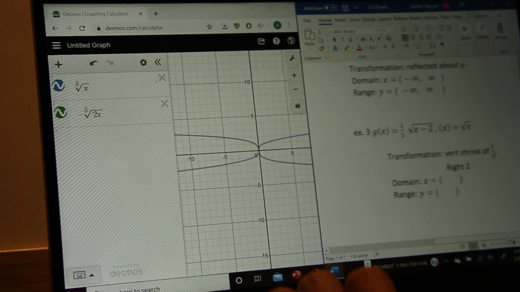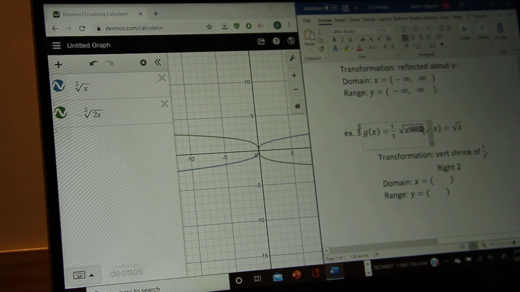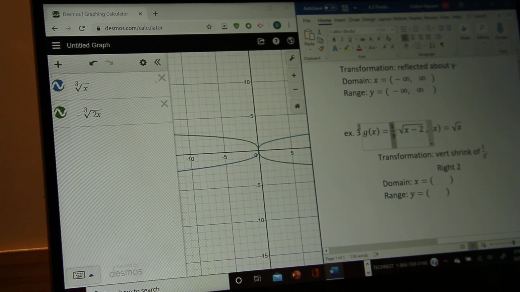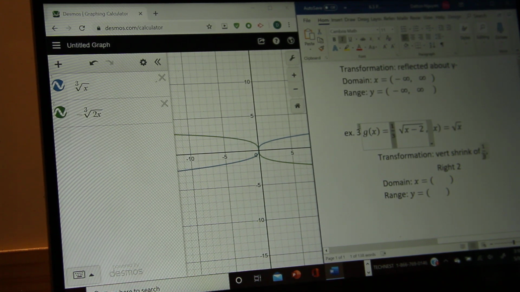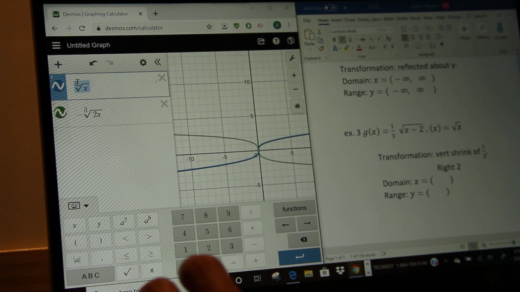Okay, so hopefully you see that there. You see where it says negative 2 inside the radical, that means right 2. You see the 1/3 on the outside, that's a vertical shrink of 1/3. Okay, so if we were to graph this function.